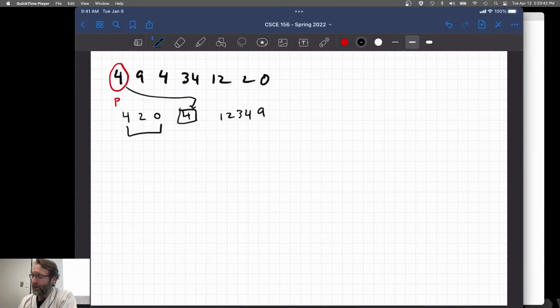Recurse on this left partition, recurse on this right partition, dot, dot, dot, until you get down to an array of size 0 or 1, in which case you can stop. Or you could even go with a hybrid approach. If you get down to an array of, say, size x, where x is a tunable parameter, switch over to insertion sort.